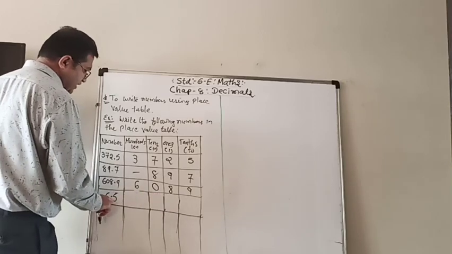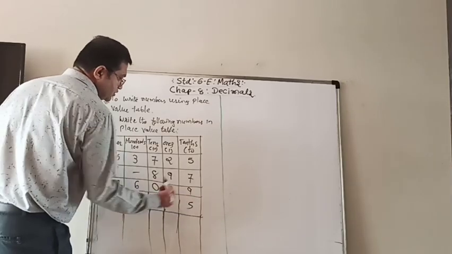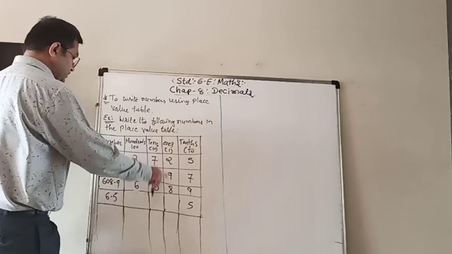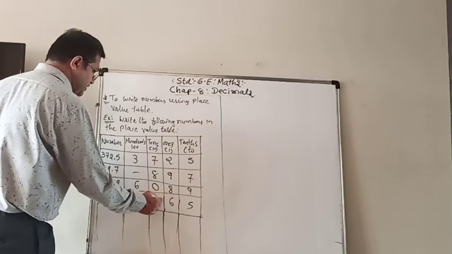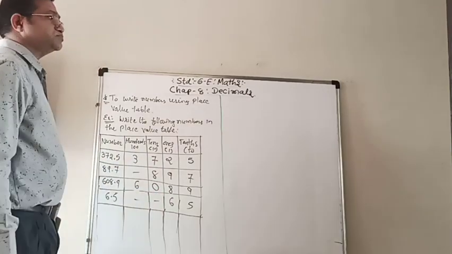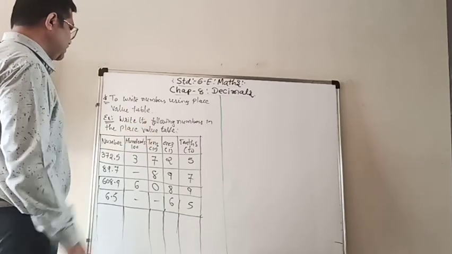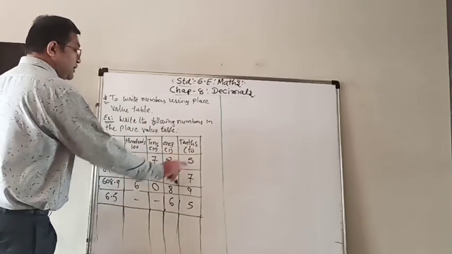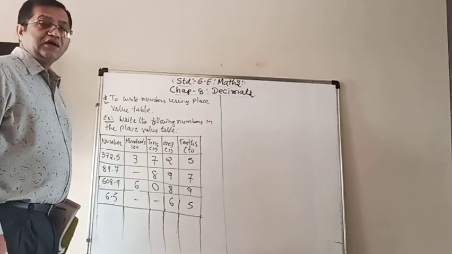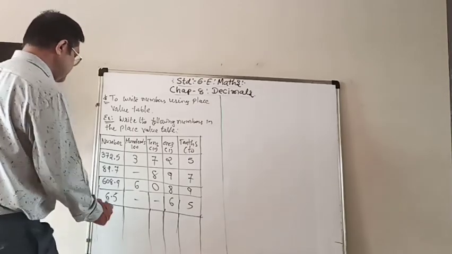So 5 is after the decimal point, so 5 will go on that side, and in the ones place there is 6 and nothing else. So it is very important that you start from the right side and then put the others.